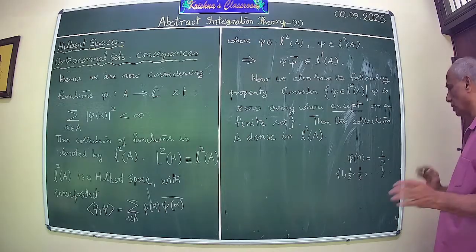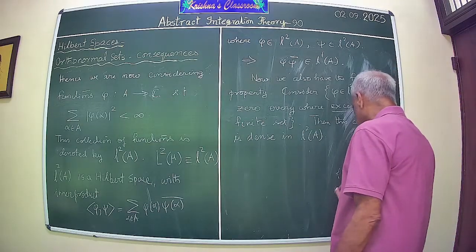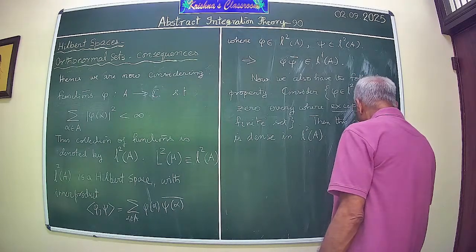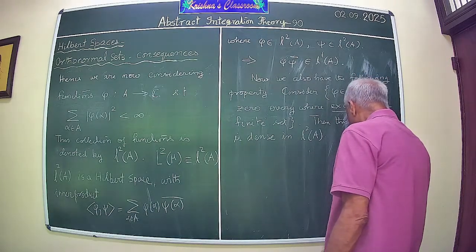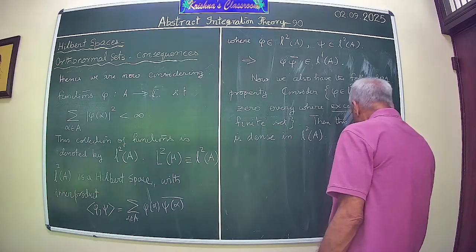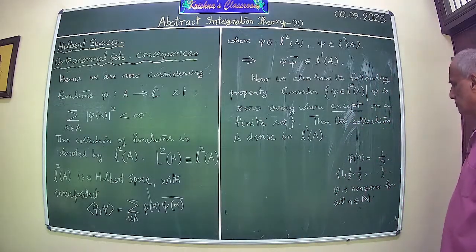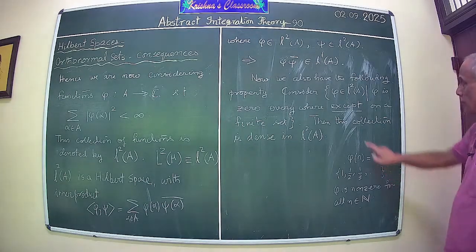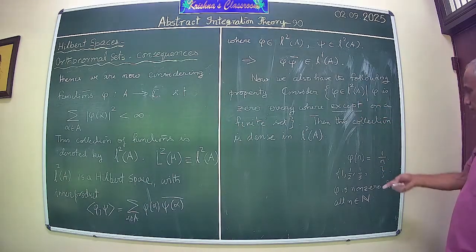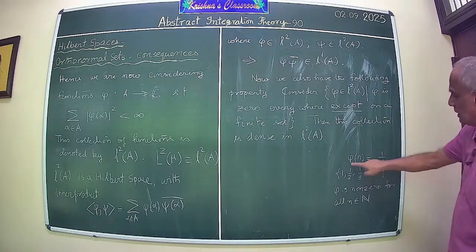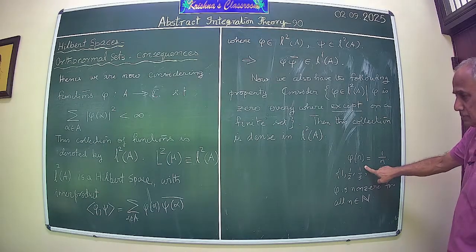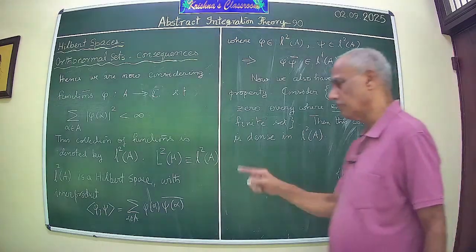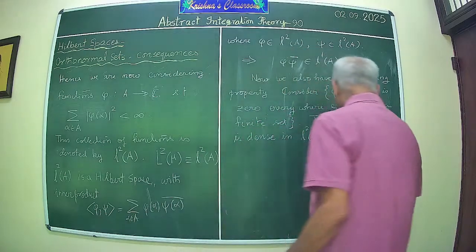It is non-zero for all n belonging to N. So this does not belong to this collection. What I wanted to say is that the function phi is 0 everywhere except at a finite set of values of n.